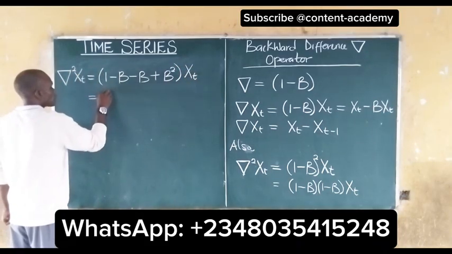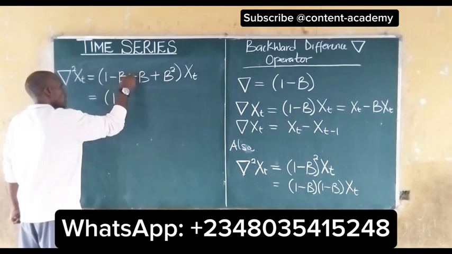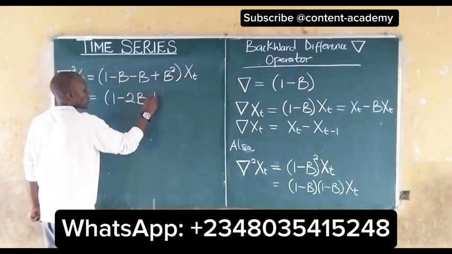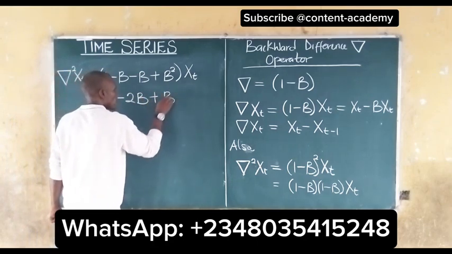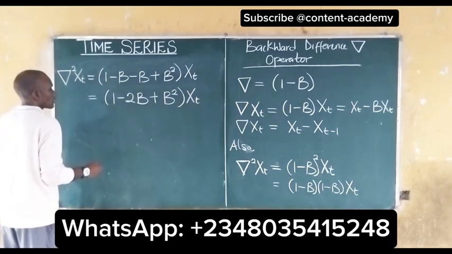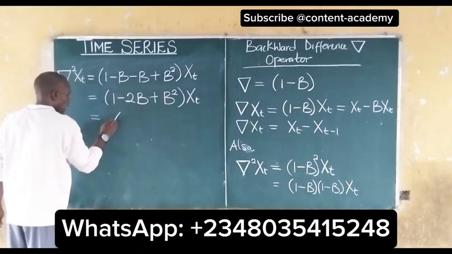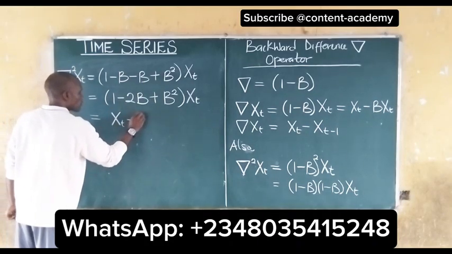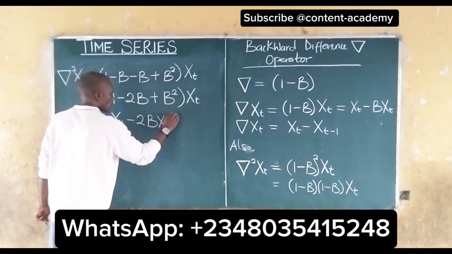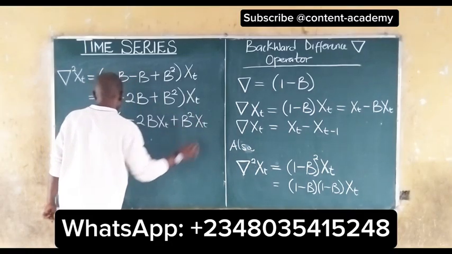We write this properly as (1 minus 2B plus B squared) X_t. If we multiply this, we have X_t minus 2B X_t plus B squared X_t.